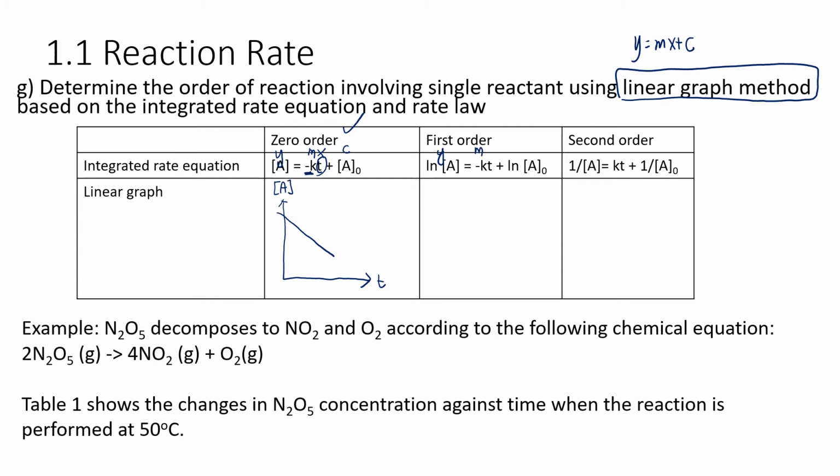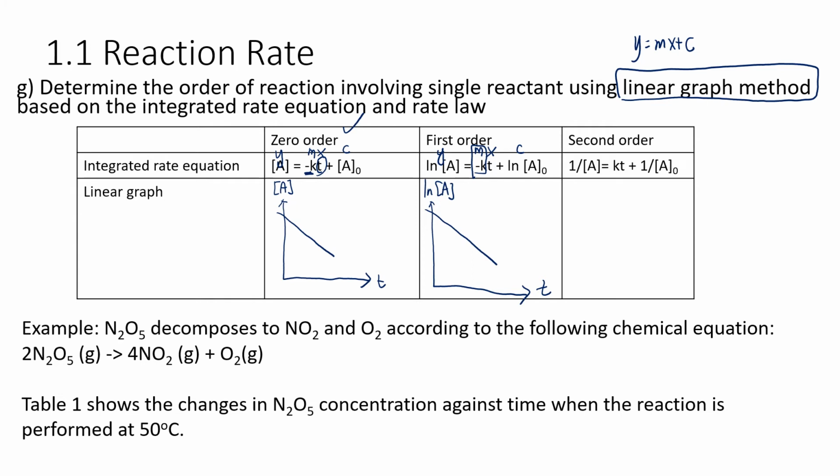Gradient is your negative rate constant. Time is the x. Your y-intercept is ln initial concentration of the reagent. Therefore, for the first order reaction, the linear graph that you need to plot will be ln remaining concentration of your reagent versus time.